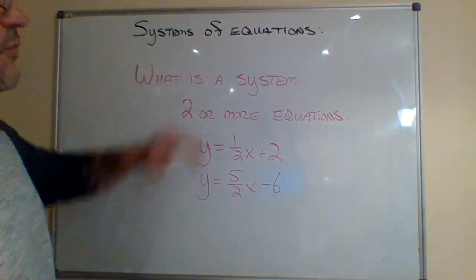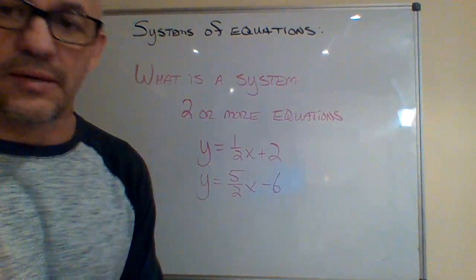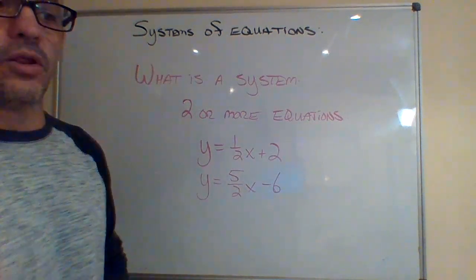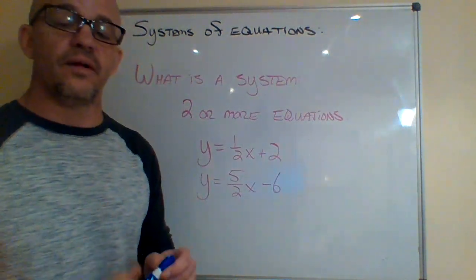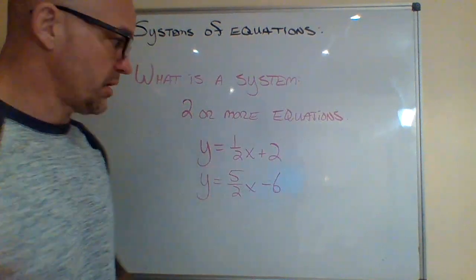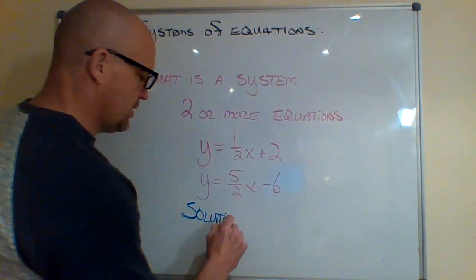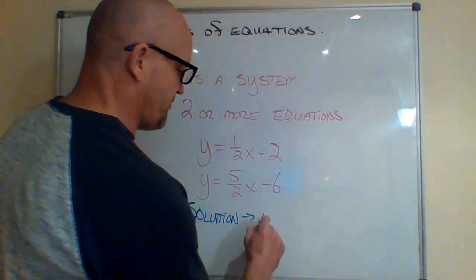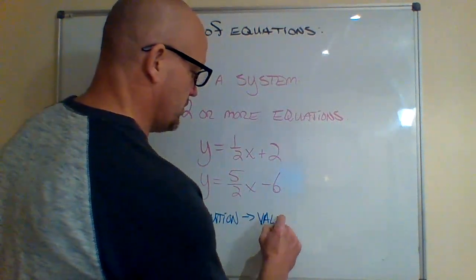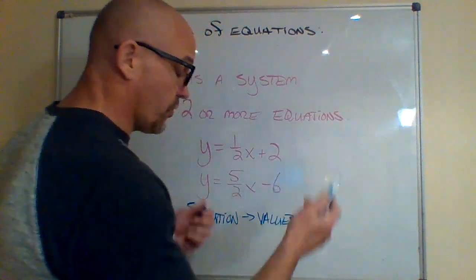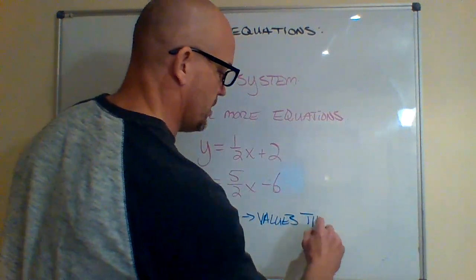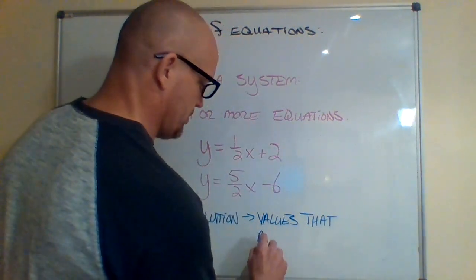When we're looking for the solution to the system, we're looking for that value that makes both of them work. So our solution here is the values or the point that make both work.